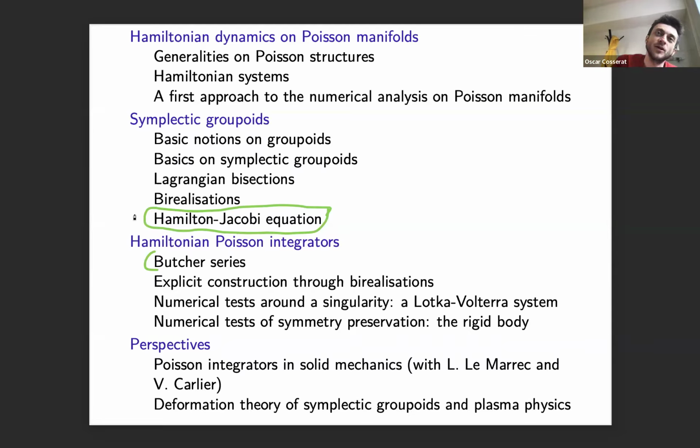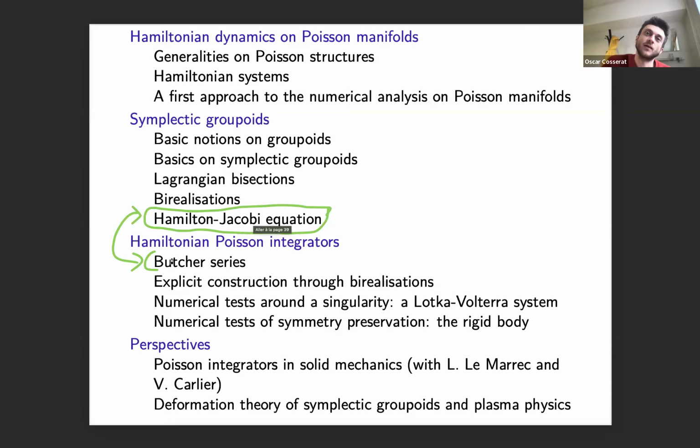So the approximations of the solution of the Hamilton-Jacobi equation are computed through the Taylor series of the solution, and these Taylor series are encoded by combinatorics that we will describe using Butcher series.